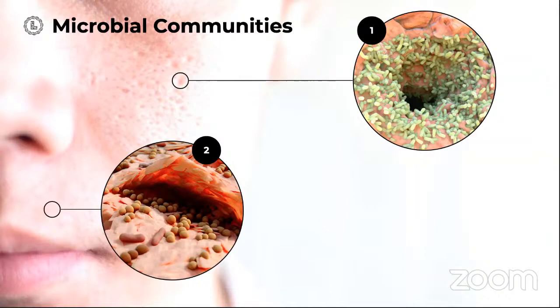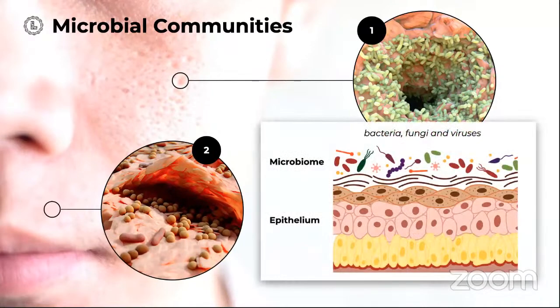And that is one of the properties of the microbiome, that they form this relationship with the host and learn how to form a film that is difficult to wash off and difficult to remove because it is integrated into the epithelium.